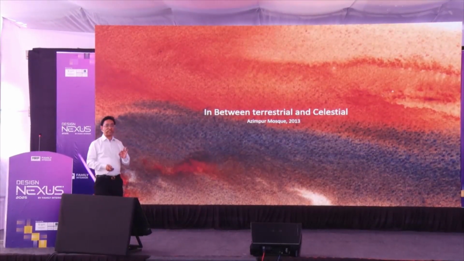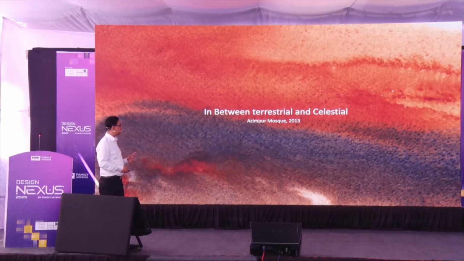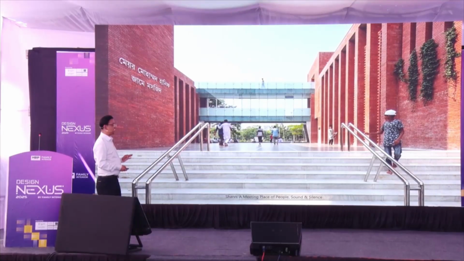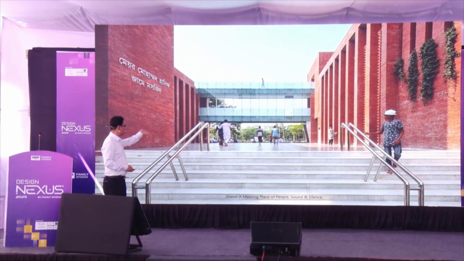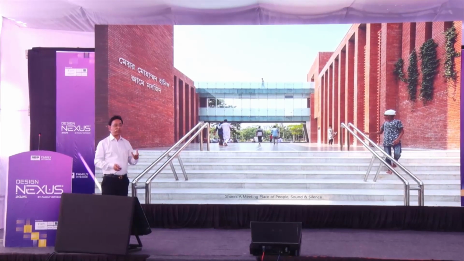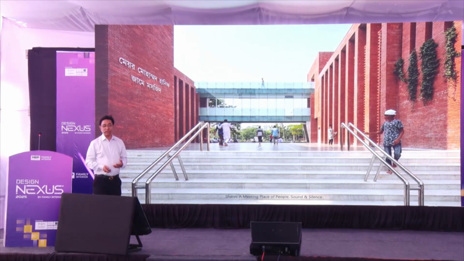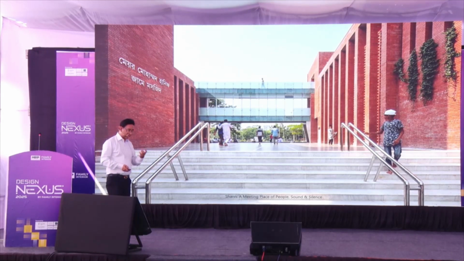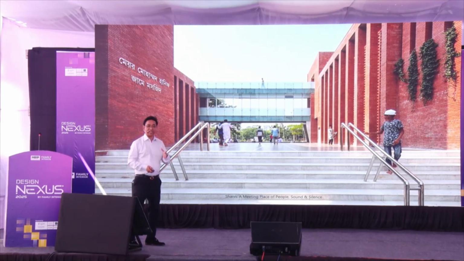And then I first started one public building, which is a mosque, in between terrestrial and celestial. This building belongs to the oldest and largest graveyard of Old Dhaka, Azimpur graveyard, on the northern side, and on the southern side is the road. So I thought the building can be a connector between terrestrial and celestial.